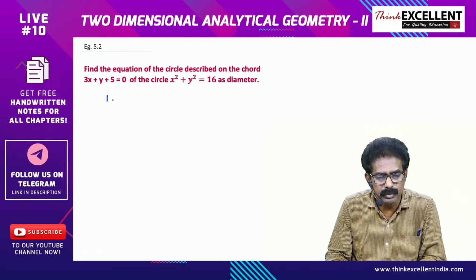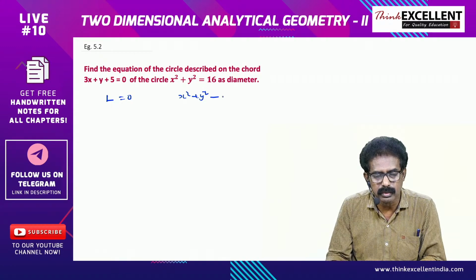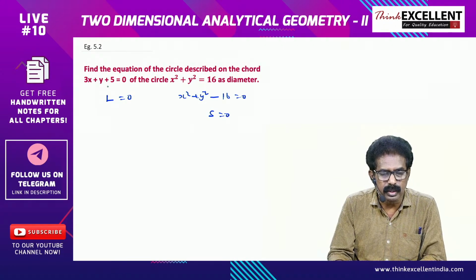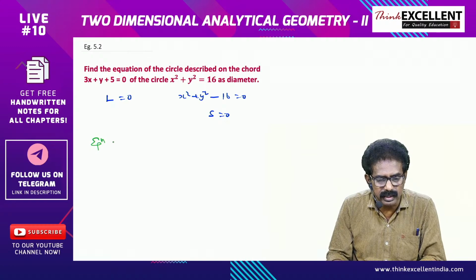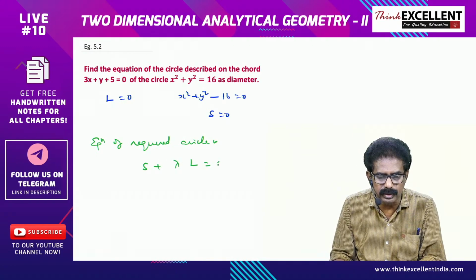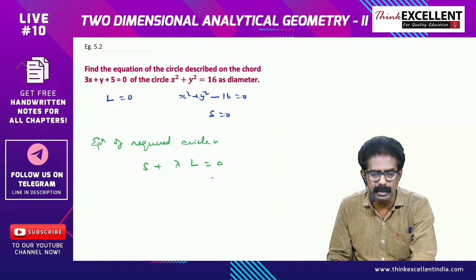So the line's equation is L equals 0, and the circle's equation x square plus y square, with the constant brought to the left side, minus 16 equals 0, and that is our S equals 0. So the required circle is S plus lambda L equal to 0.